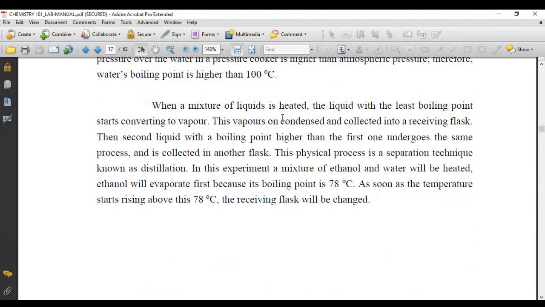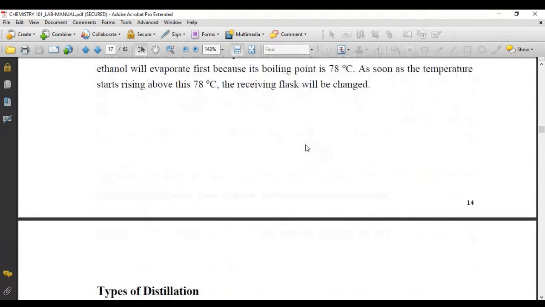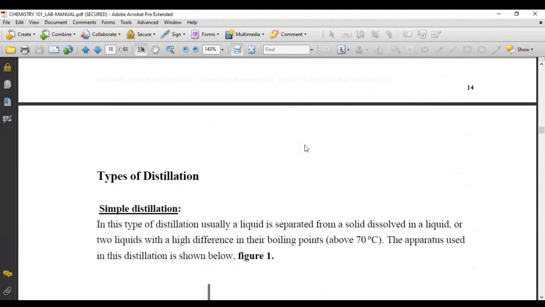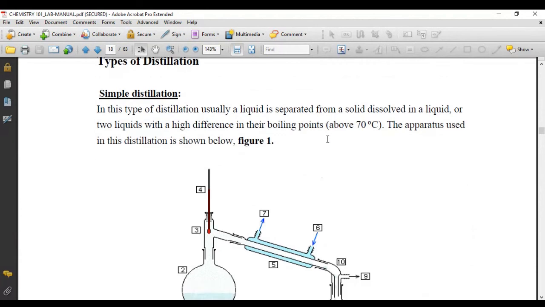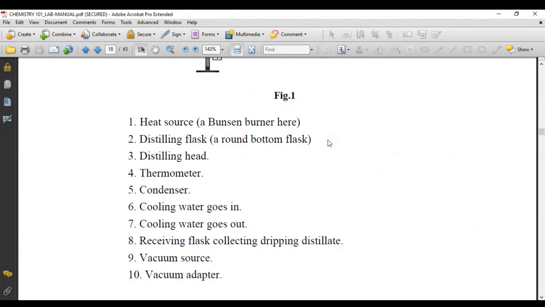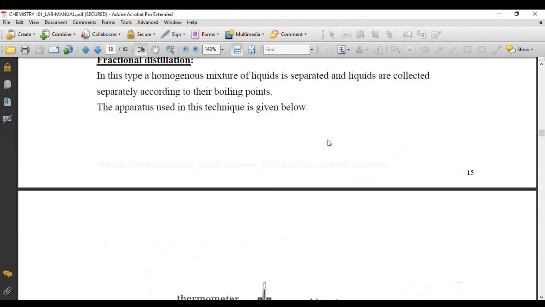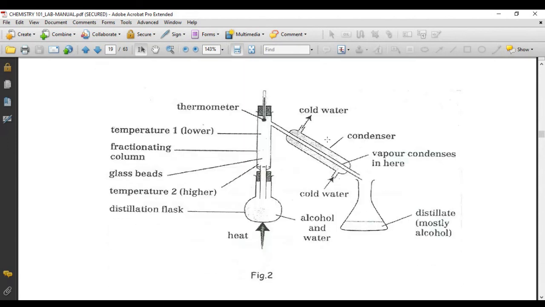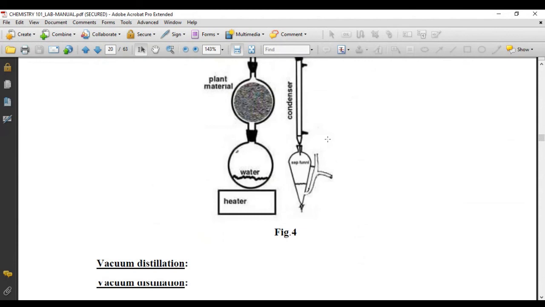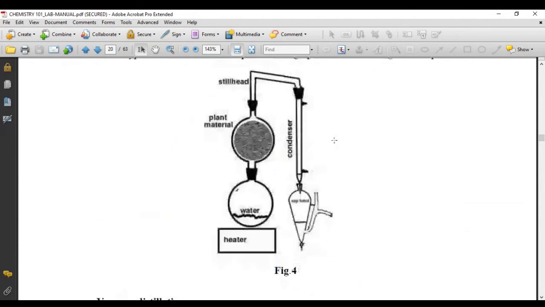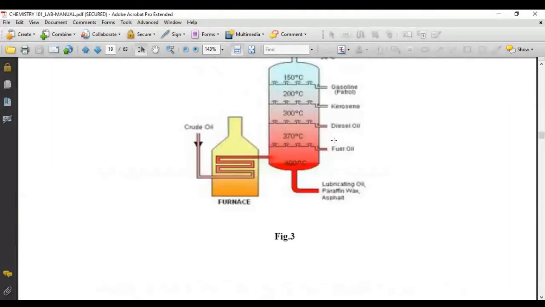So everything is written here. Now there are different types of distillation. First is simple distillation, next is fractional distillation, third is steam distillation, and fourth is vacuum distillation. Now in our experiment we shall discuss only simple distillation.